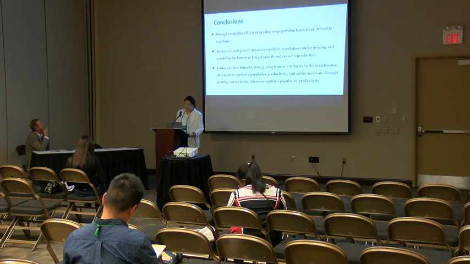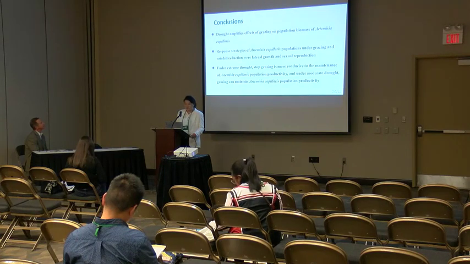Under extreme drought, stopping grazing is more conducive to maintaining the productivity of the Artemisia populations, and under moderate drought, grazing can maintain the population's productivity.